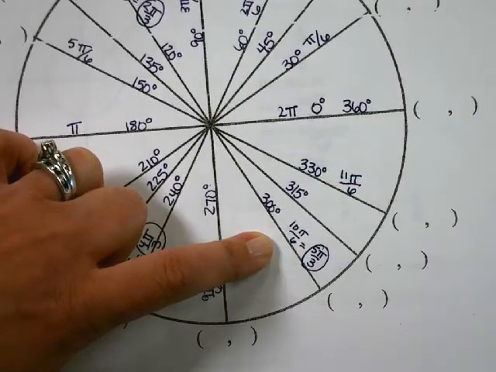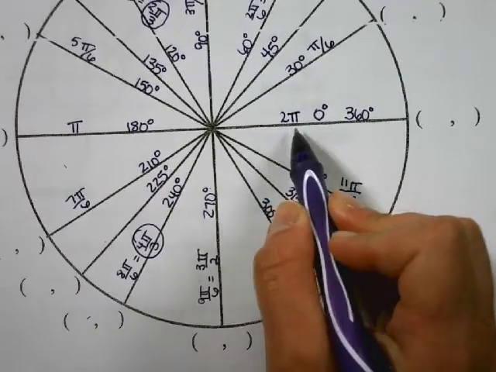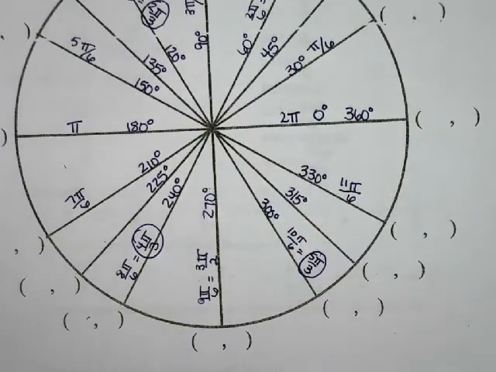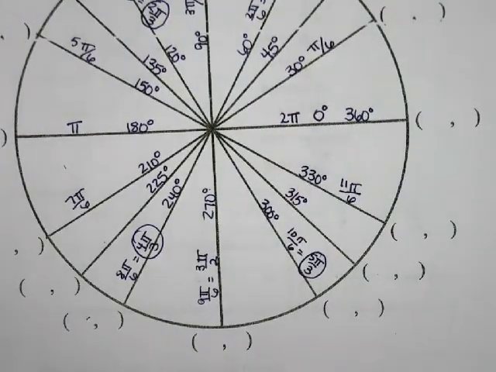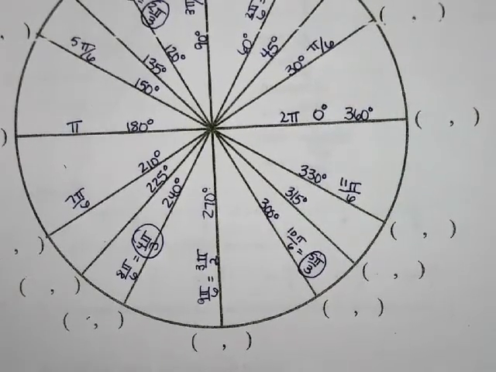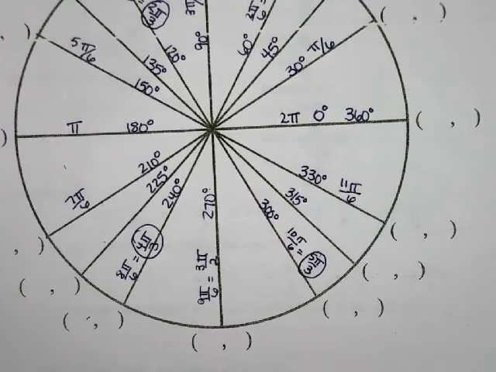That one doesn't reduce. 12 pi over 6, I'm back to 2 pi. All right, we're close. We have 4 more to label, so I guess we're at 13 more points. We're at 30 out of 50 right now.